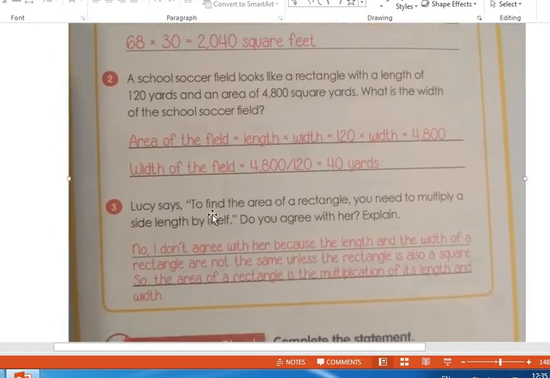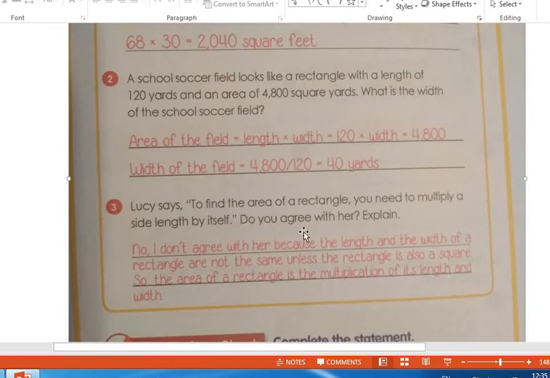Lucy says, to find the area of a rectangle, you need to multiply a side length by itself. Do you agree with her or what? Yeah, of course, in one case, in the square, side by side.